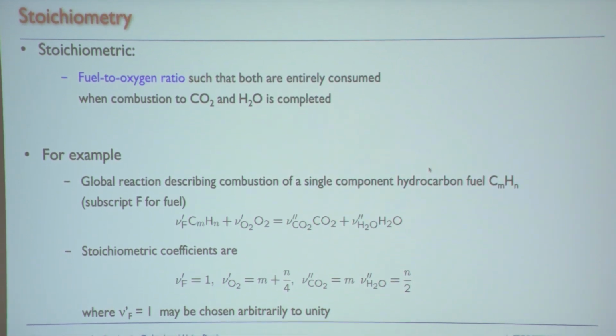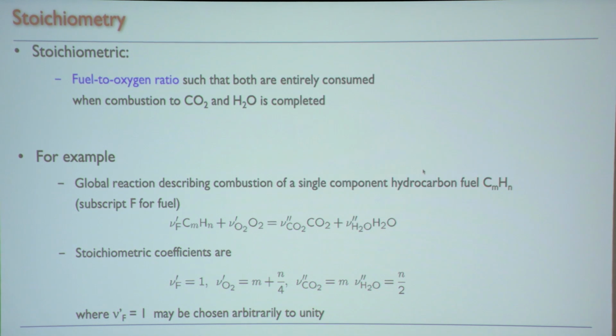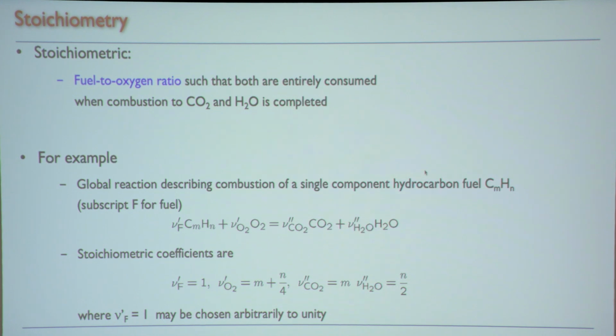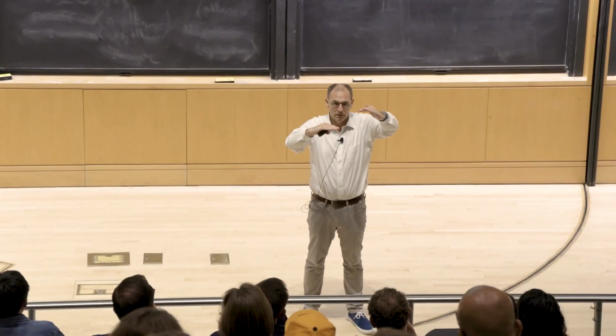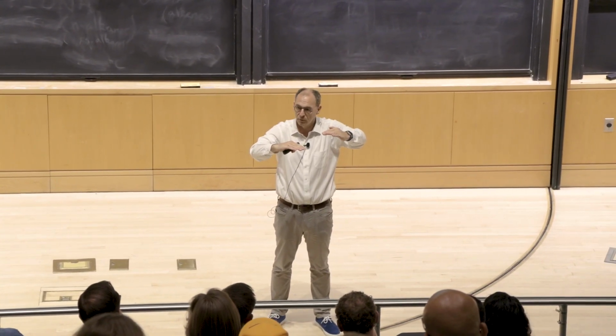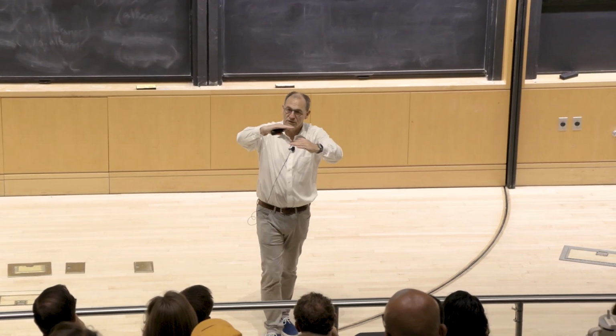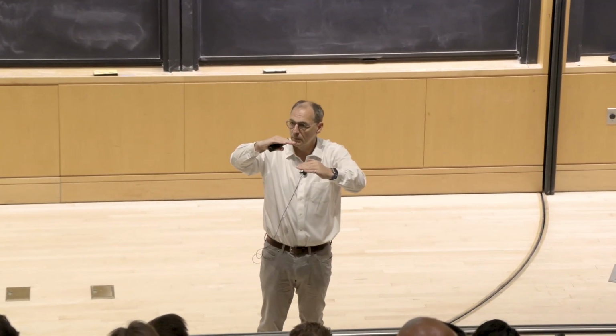And here when we talk about one-step global reaction, we say in lean combustion, you have a lot of oxygen and not enough fuel, and then you burn both, and at some point the fuel is gone, and then the oxygen is left over, right? Vice versa, in rich combustion, the oxygen is consumed, and then the fuel stays over.